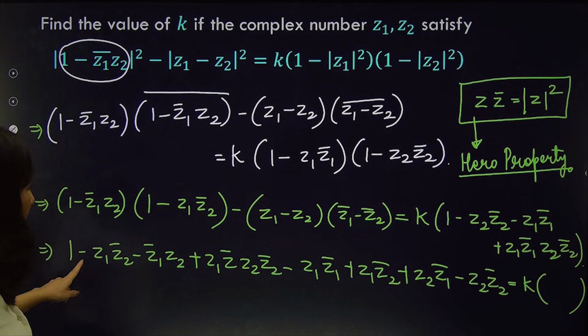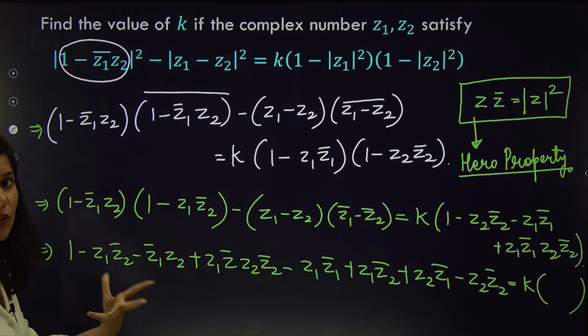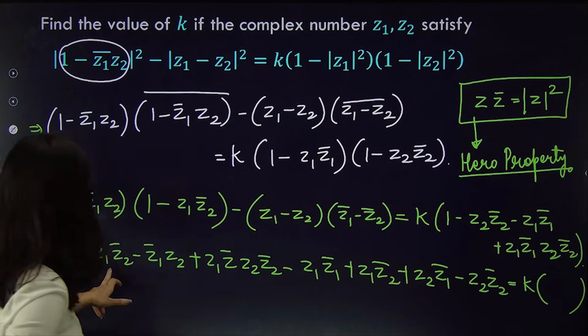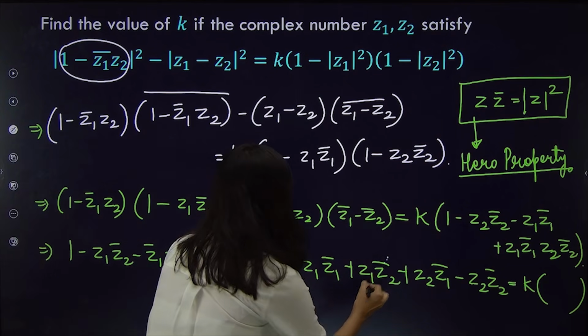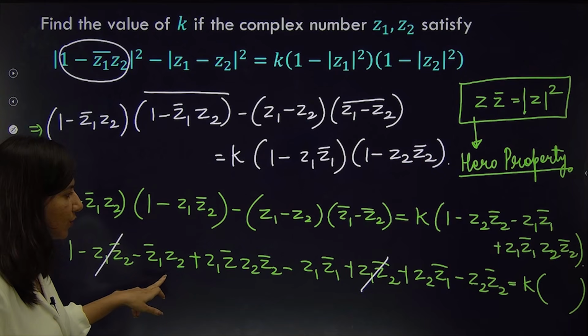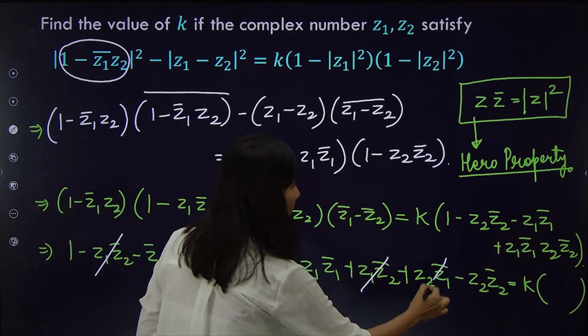Now let's try to match, or let's try to cancel if it is happening. z1 z2 bar and z1 z2 bar are getting cancelled out. z1 bar z2 is getting cancelled out with this.